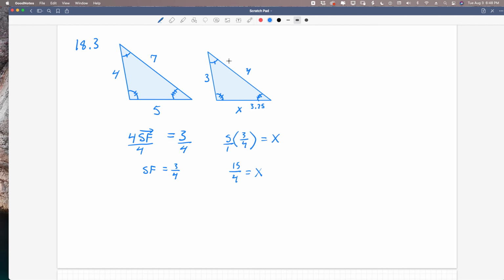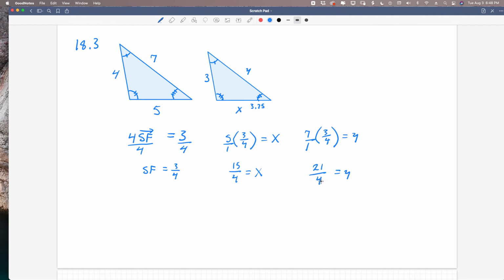So let's do this length here, which corresponds to side 7 in the larger triangle. So we multiply 7 times the scale factor of 3/4, and that's going to equal y. We put that over 1, make it a fraction. So 21 over 4 equals y.